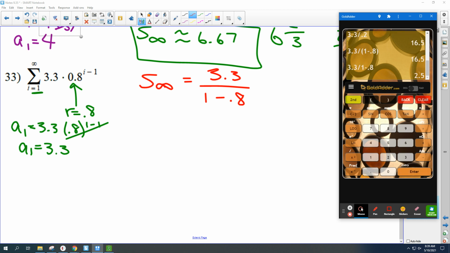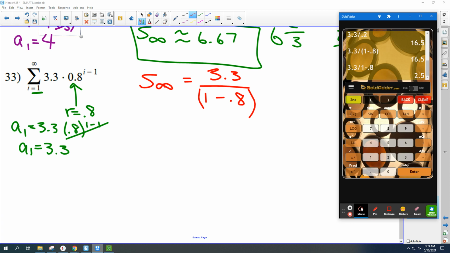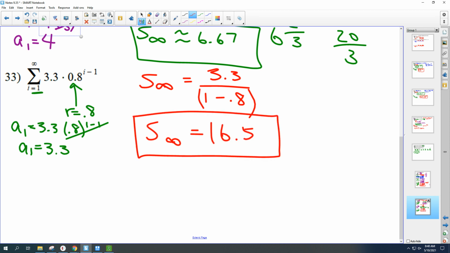Do not do it that way. You must use parentheses. And if you use parentheses there, you're going to get 16.5. The infinite sum is 16.5. An infinite number of numbers added together adds up to 16.5. Kind of cool.